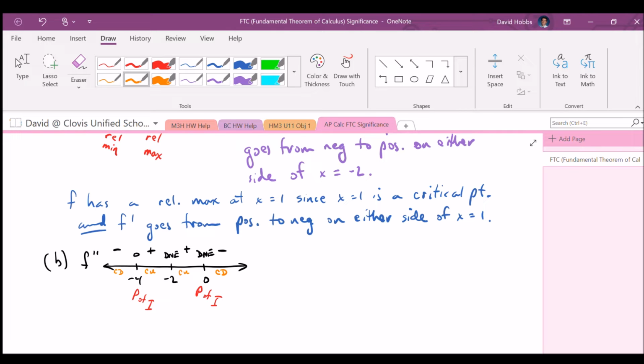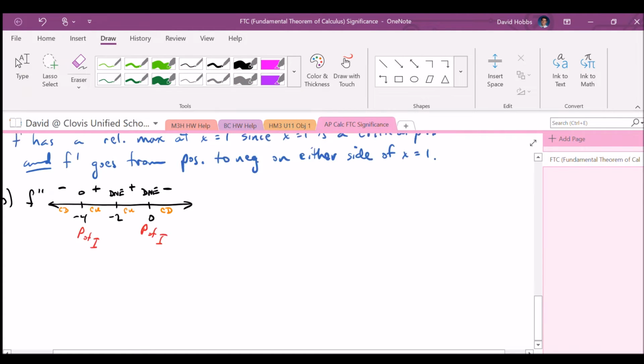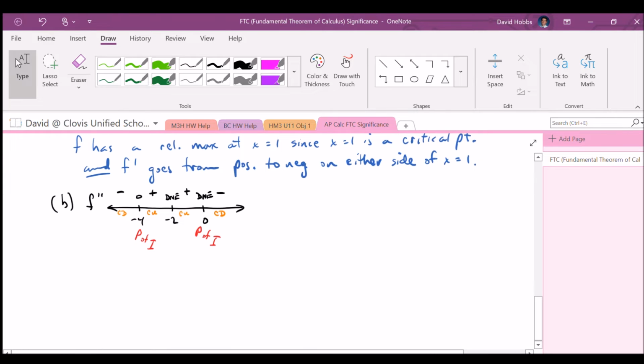Okay, but answering the question here for part B, the number line is nice, but it is not our justification, it is not our explanation. So let's go ahead and get that written down now. Sorry, moved it around.